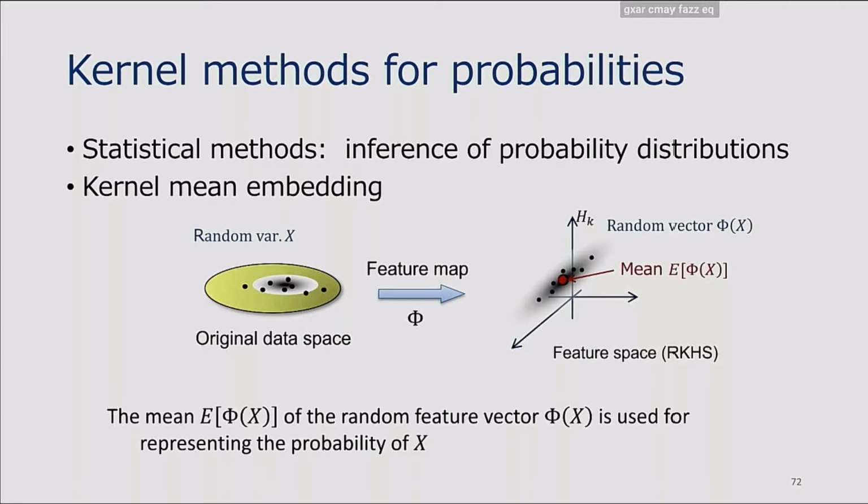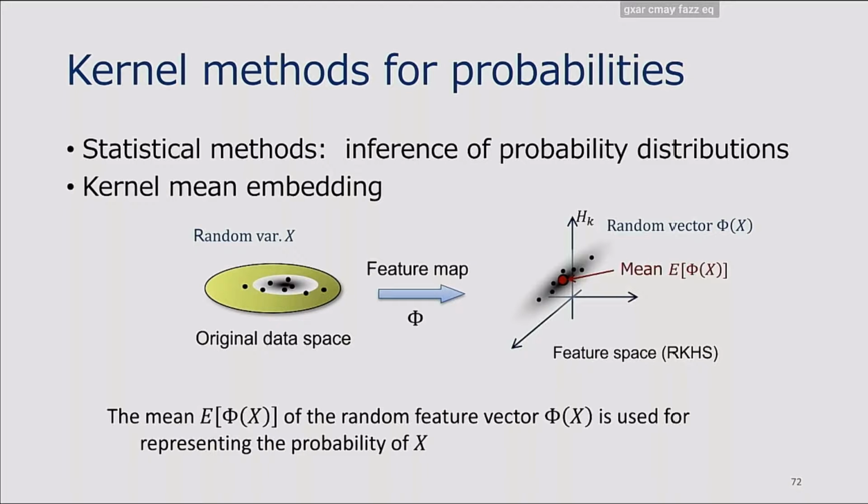You may think that by considering only the mean, the information is significantly reduced and we lose a lot of information. But that is not true, because in this figure we have only 3 axes, and so the mean has only 3 values, right? But the feature space may be infinite dimensional. That means we have an infinite number of axes. So the mean contains an infinite number of values.